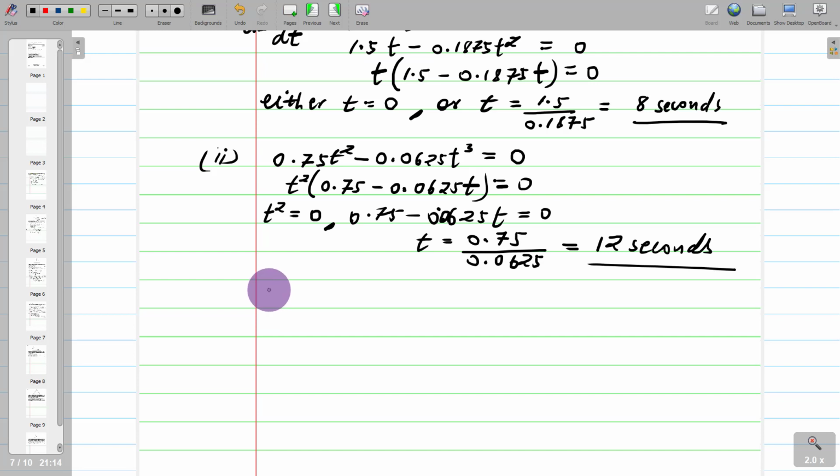So in order to get s, we are going to integrate the expression, the integral of 0.75t squared minus 0.0625t cubed dt, and the limits of integration will be from 0 to 12.